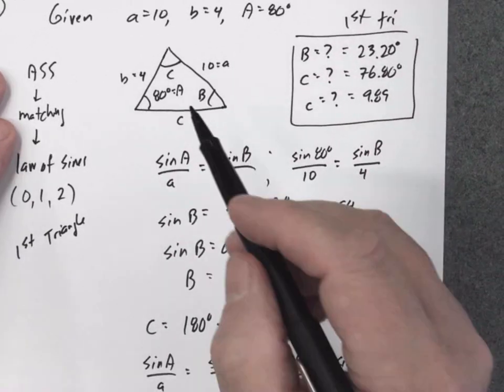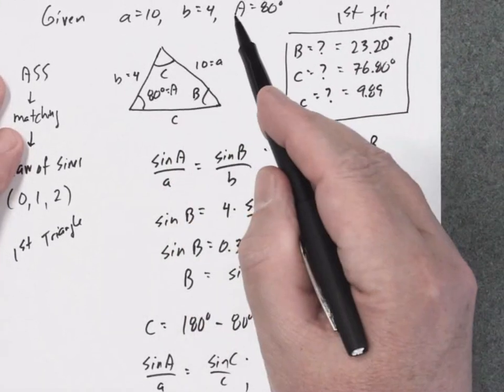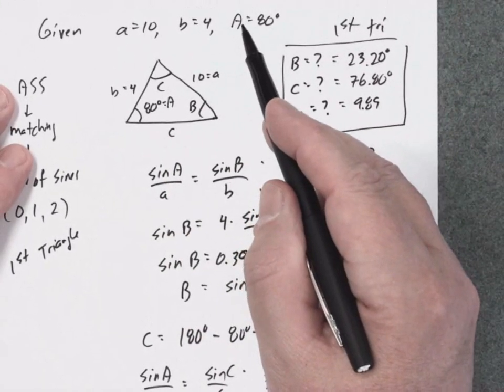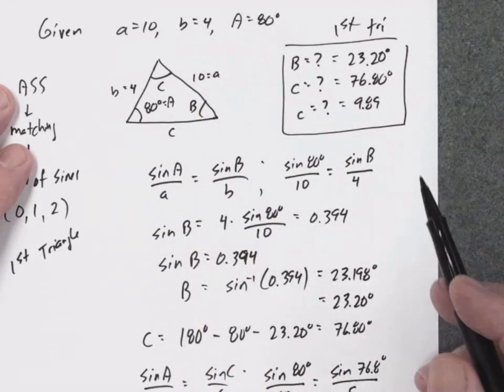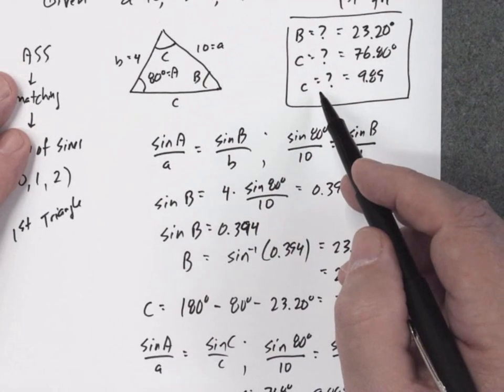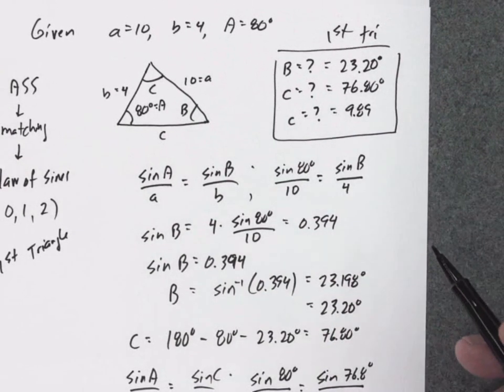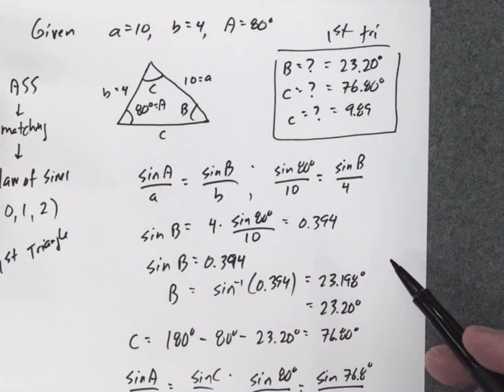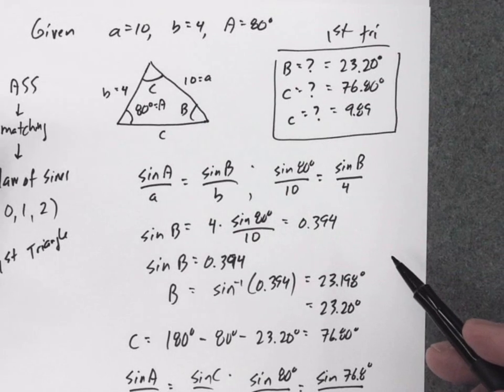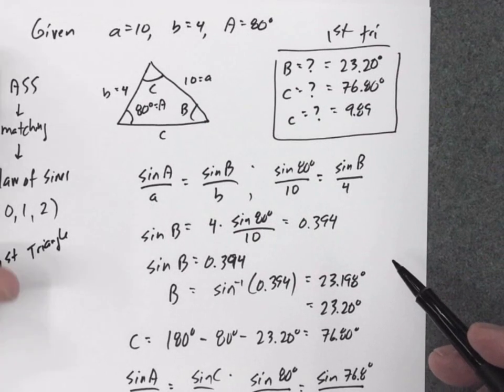In other words, the three things they've given me, if I have two triangles, are going to be the same for both triangles, and it's just this other information that is going to change if I have a second triangle.